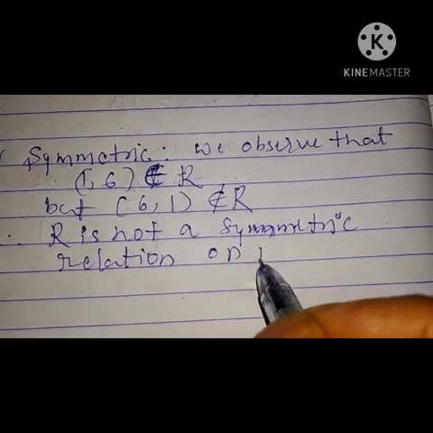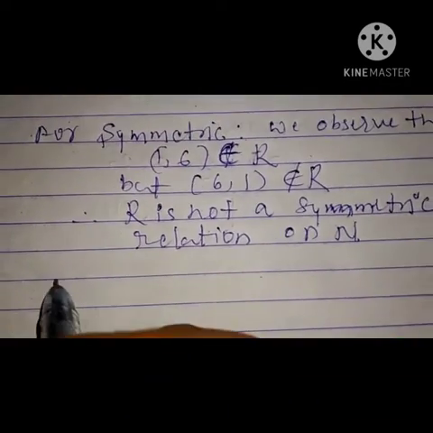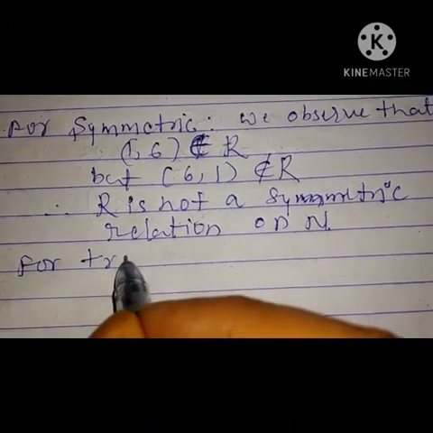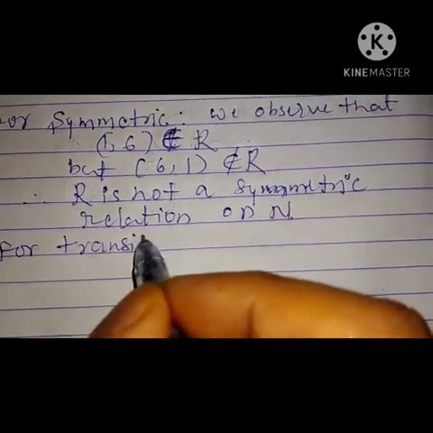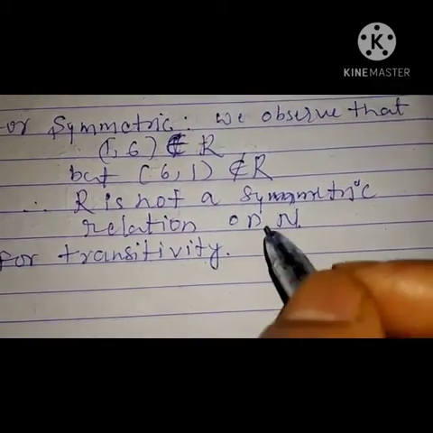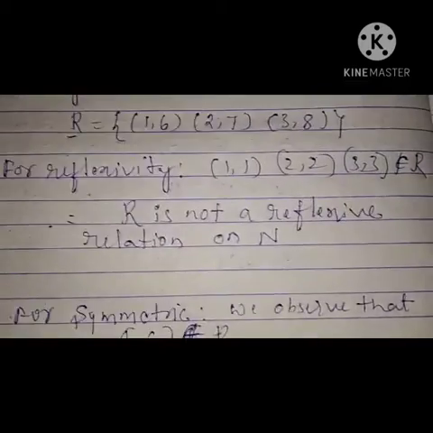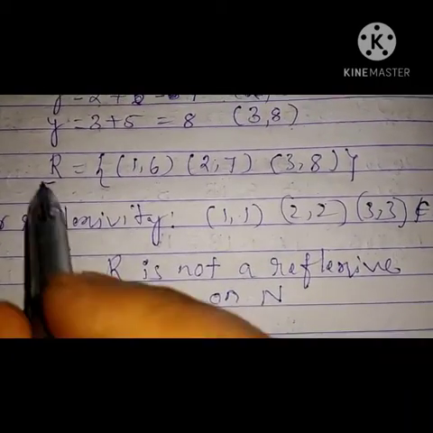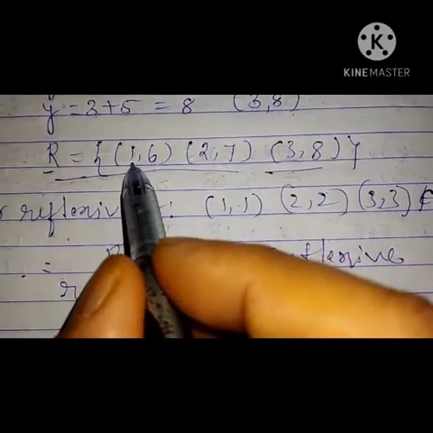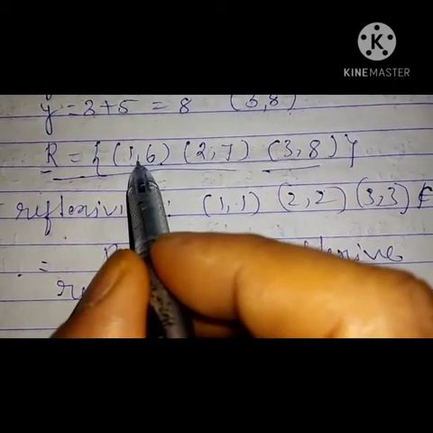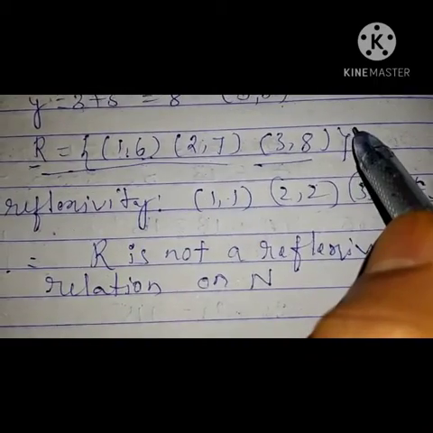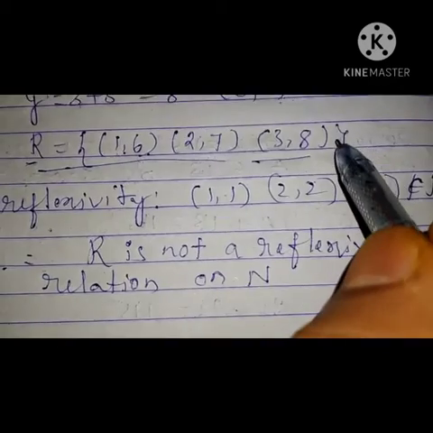Next, for transitivity, it is clear from the set of ordered pairs that the ordered pair (1, 6) is there, but there is no ordered pair with 6 as a first element.